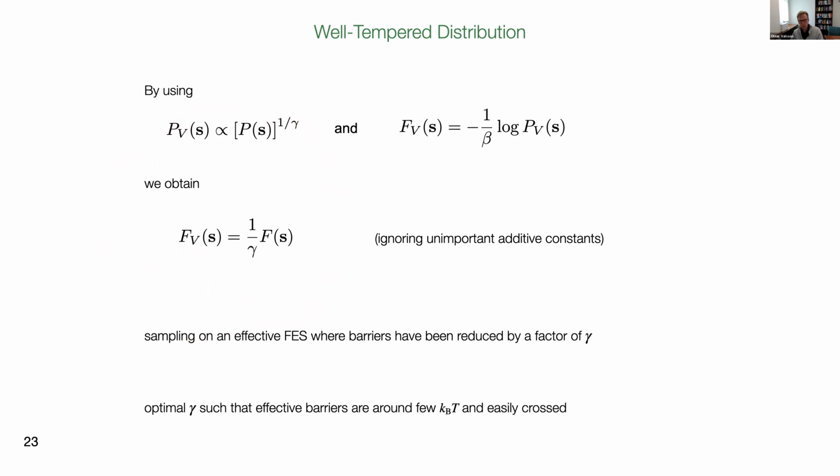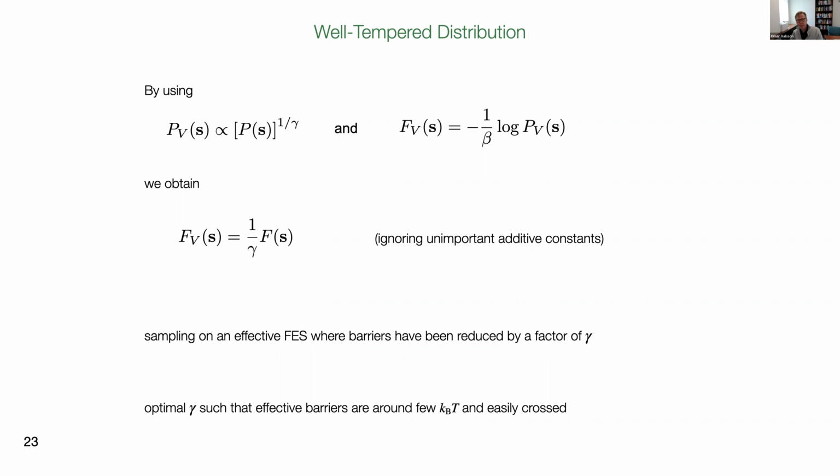So if you have barriers that are on the order of 10 kT, in this case we should probably choose a gamma value of 5 to 10, because in that case we would reduce the barriers from 10 kT to 2 kT or 1 kT. So you should use an optimal gamma factor in such a way that the effective barriers are around a few kT and easily crossed in a molecular dynamics simulation.